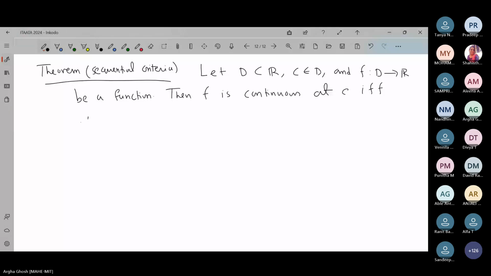whenever we have a sequence xn that converges to c, f of xn converges to f of c.